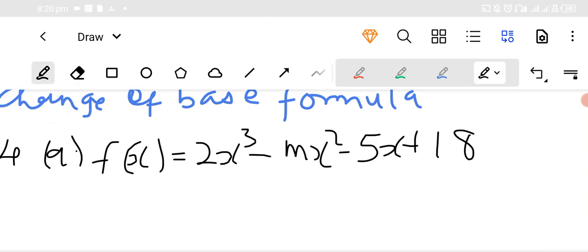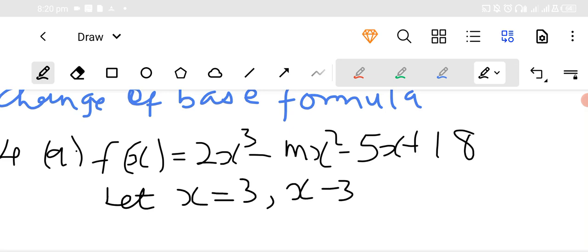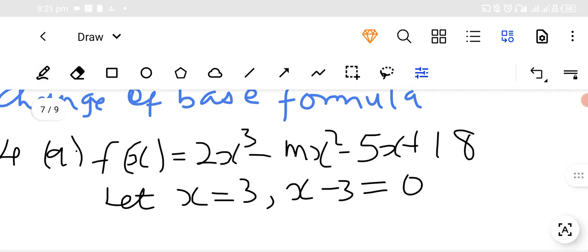So you simply say let x be equal to 3. This just came from the x minus 3. You say x minus 3 equal to 0, and then let x be equal to 3. That's what we did. Then it leaves the remainder of 30.